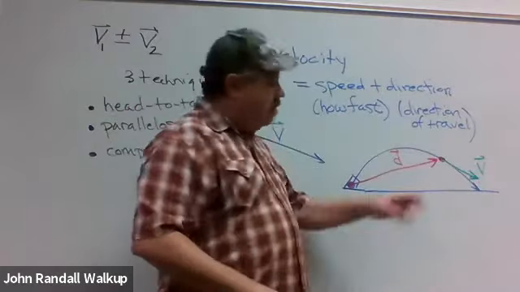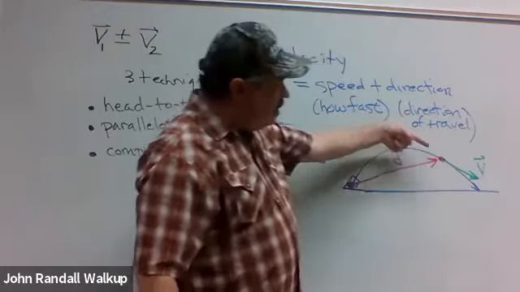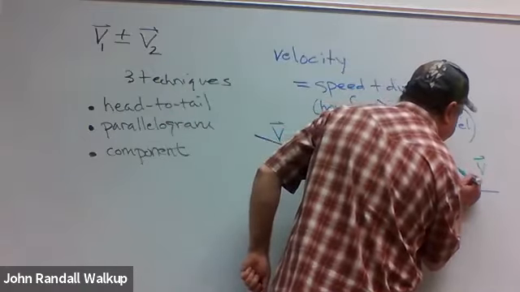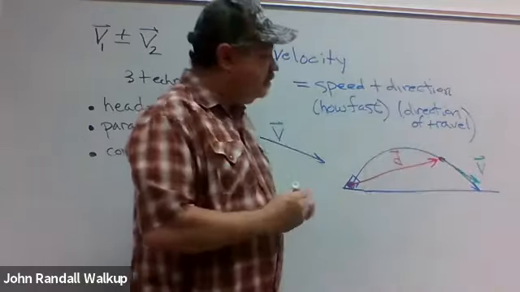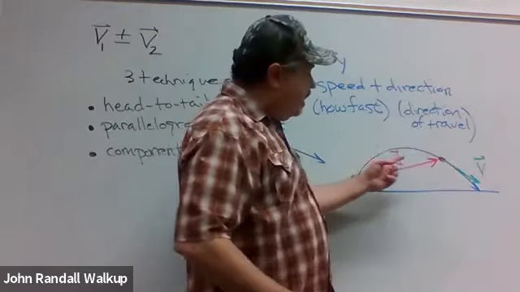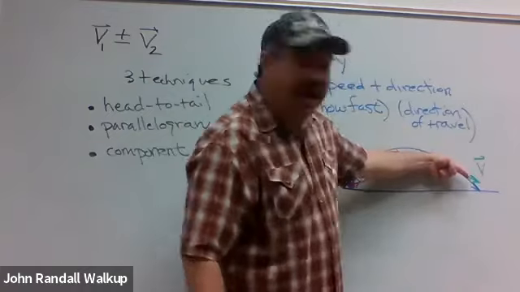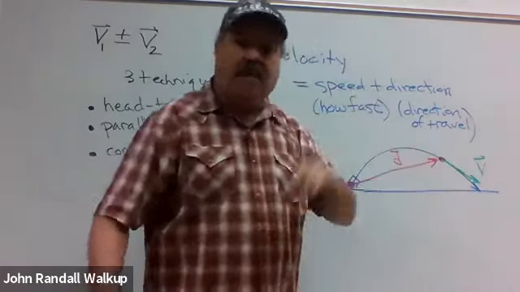Why? Because right here, the object is traveling in this direction. The object is traveling kind of in this direction, and therefore the velocity vector points in the direction of travel. But look at the direction.